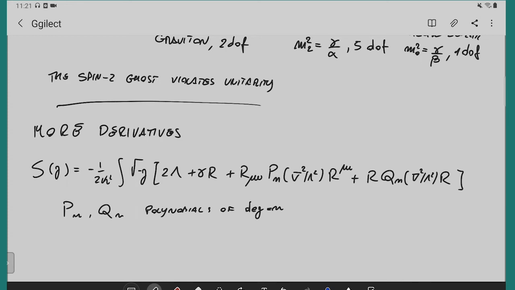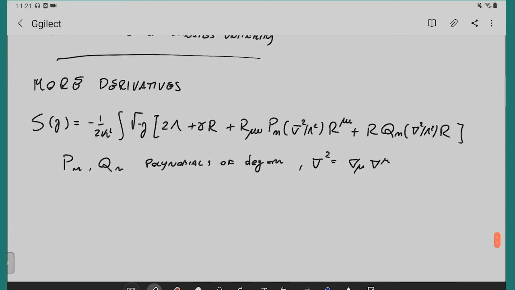And this nabla square is the covariant derivative squared, the covariant D'Alembertian. And lambda is some scale.